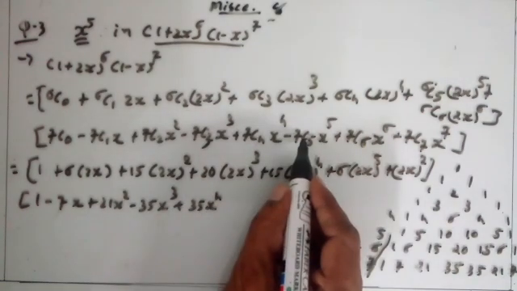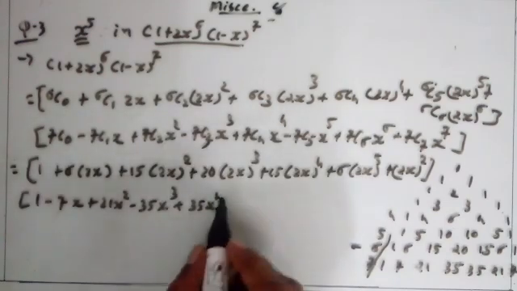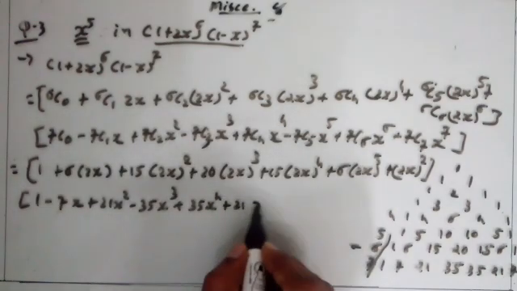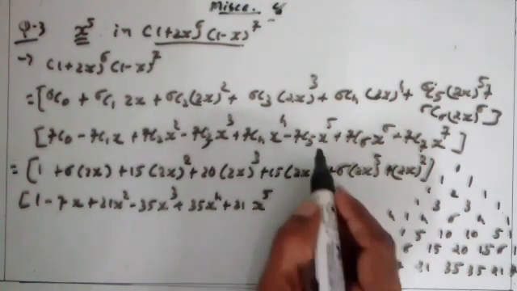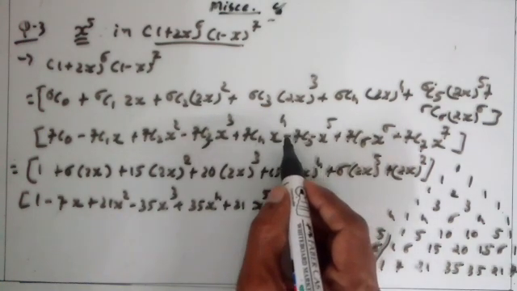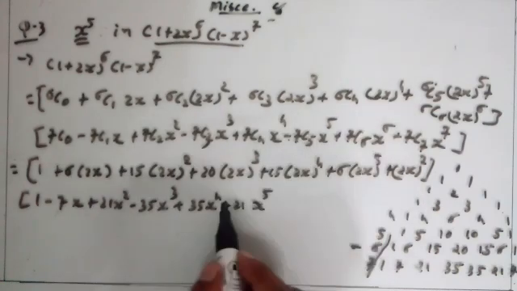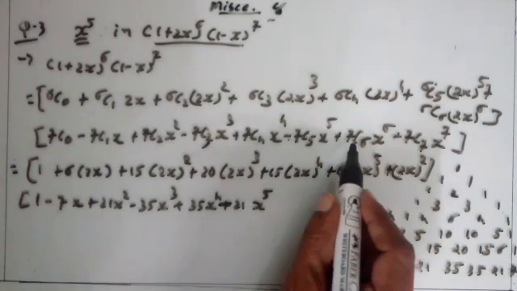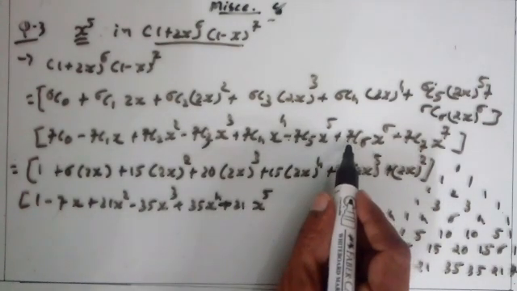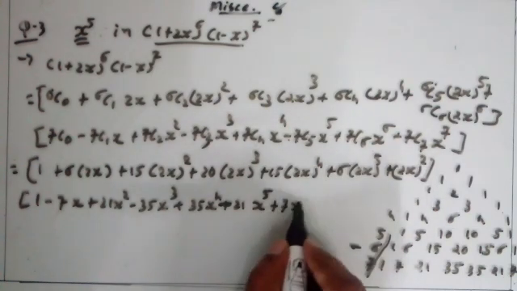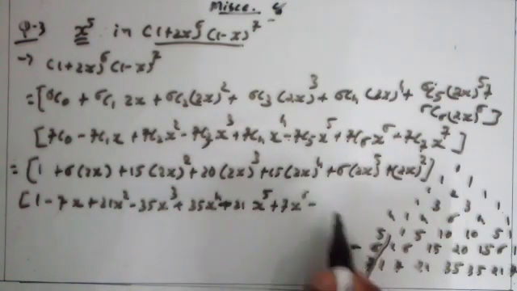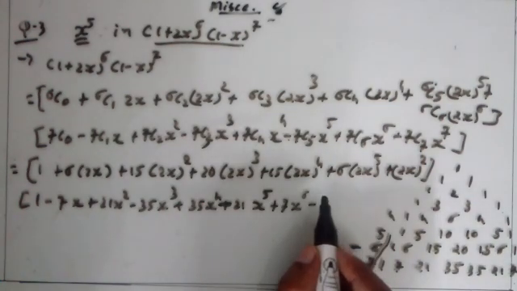Okay, 7C5 is equal to 21 x raised to 5. Here this becomes minus. 7C6 is equal to 7 x raised to 6, minus 7C7 is equal to 1 x raised to 7.